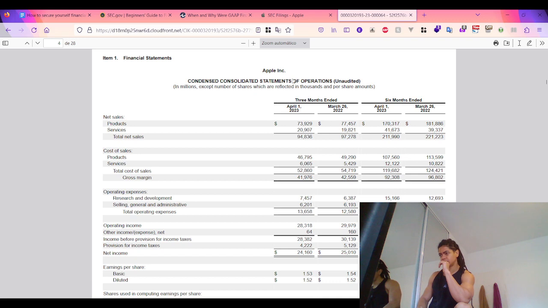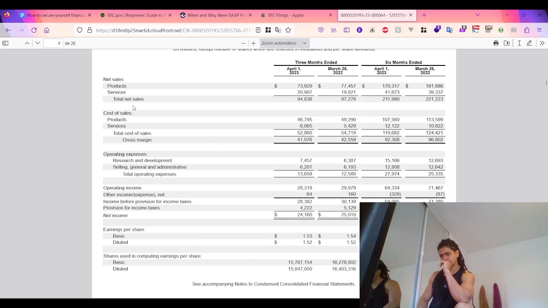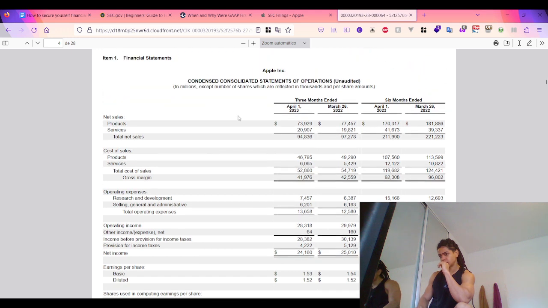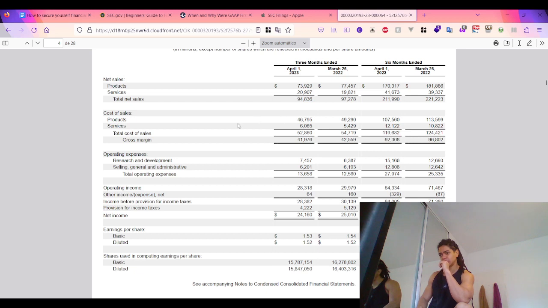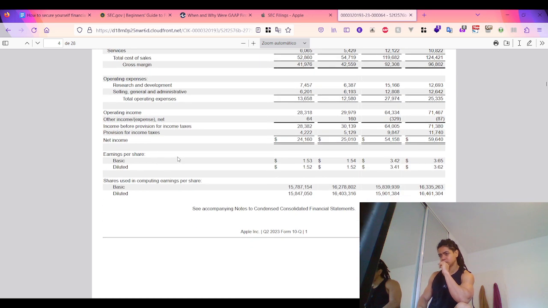Condensed consolidated statements of operations, unaudited, in millions. 73, 73 billion. You've got products, services, cost of sales, operating expenses, operating income, earnings per share, diluted.